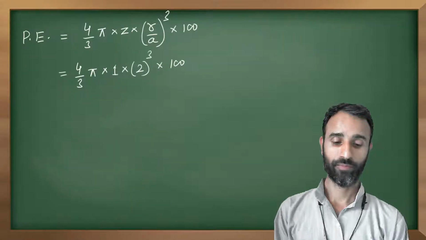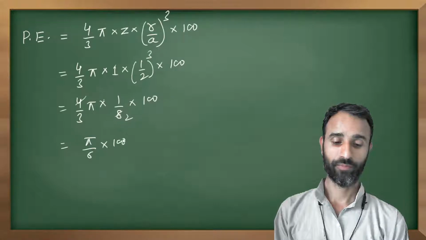So this becomes 1 by 2 cube. So equal to 4 by 3 into pi into 1 by 8 into 100. So 4 to the 8, that means it becomes pi by 6 into 100. So packing fraction for simple cubic is pi by 6, or we can write it as 0.524.